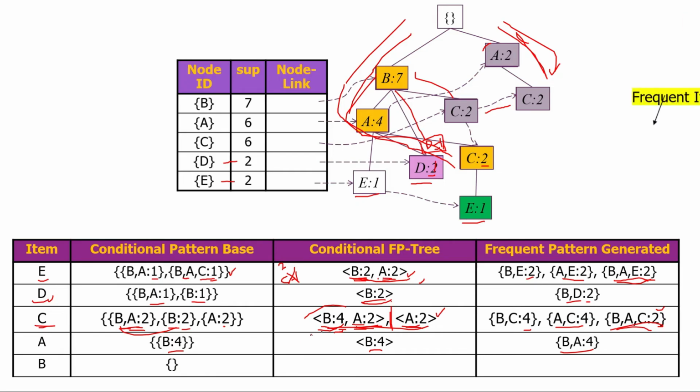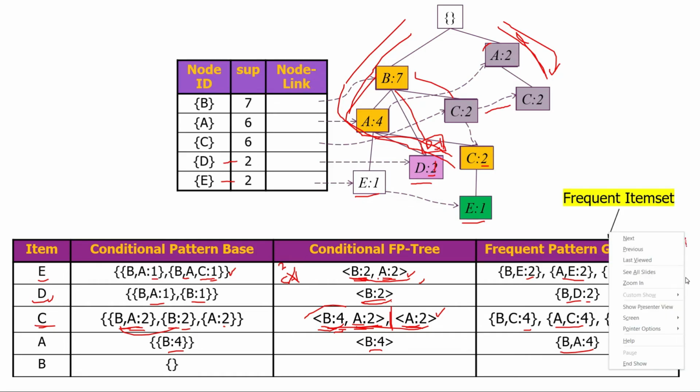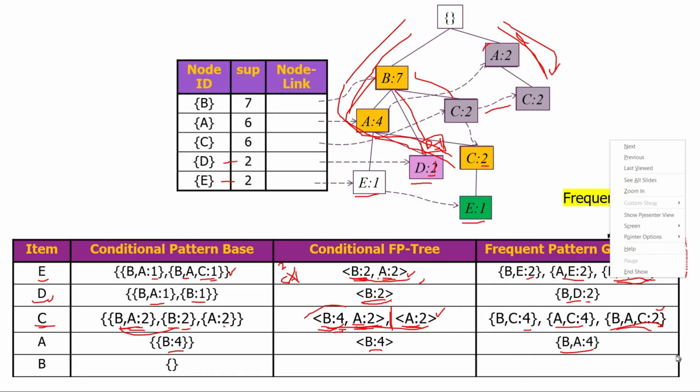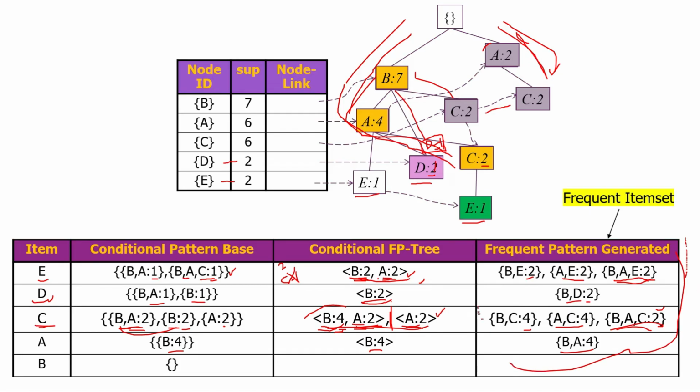So these all are frequent item sets, like BE, which is a frequent item set of length 2 with the support count of 2, AE as a frequent item set of length 2 with the support count of 2.